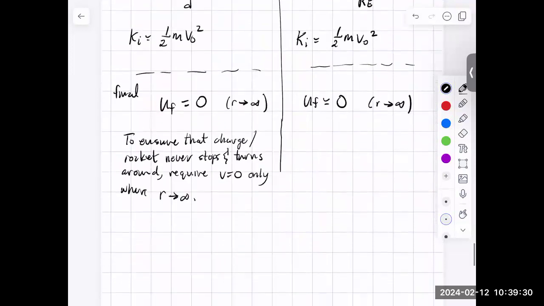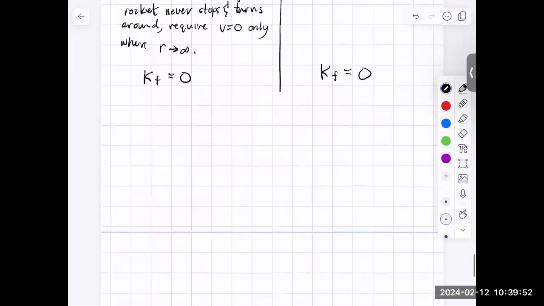So the final kinetic energy, K final, is equal to 0. That's the condition for determining these escape velocities.